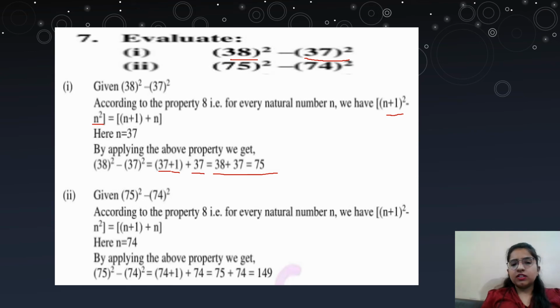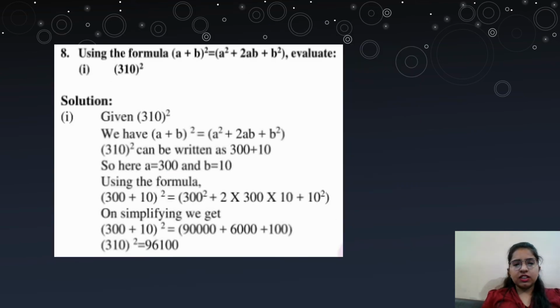The same property you can apply in the next part. Next question, there is an identity. You have to use the formula: (a plus b) whole square is equal to a square plus 2ab plus b square. This is the formula, students. 310 square can be written as (300 plus 10).